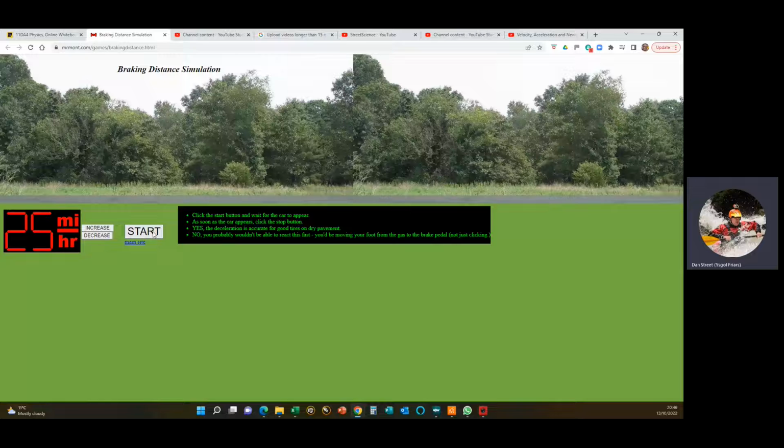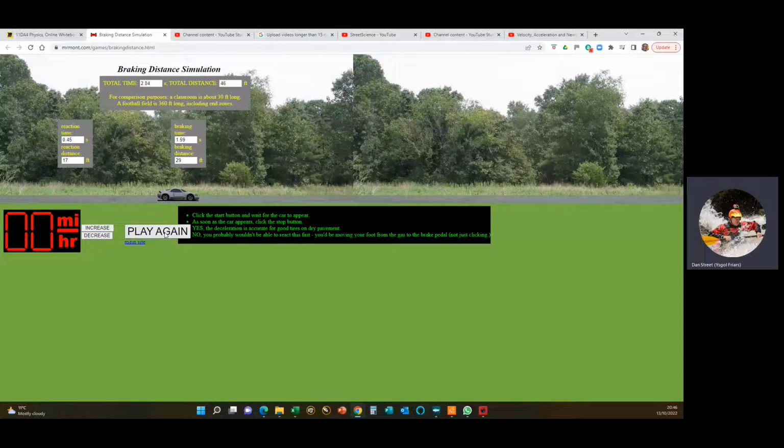To start the car, as soon as you see the car arrive on screen, you click the stop button. It's taken a while to arrive, so we click the stop button, and we got this data of our reaction time, the reaction distance, the braking time, and the braking distance.